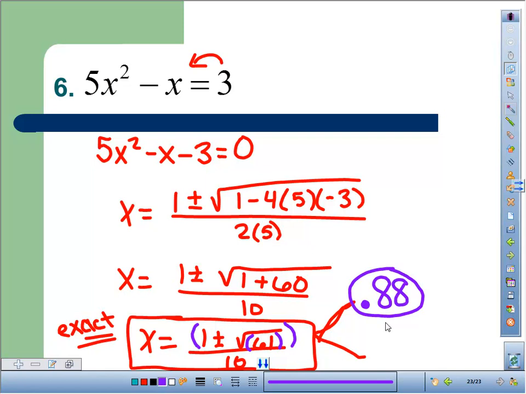And you get negative 0.68. See what I did there?